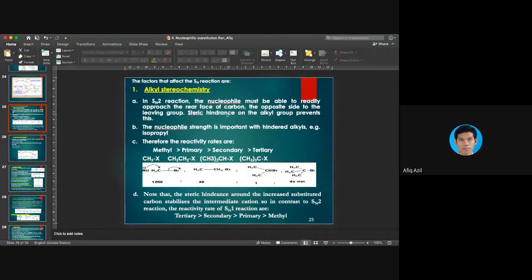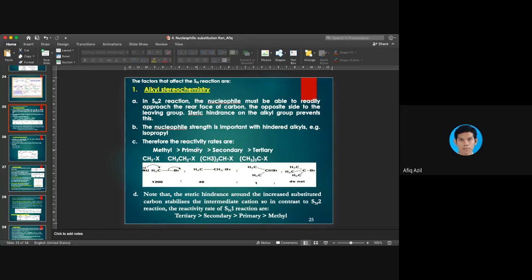First, we look at alkyl stereochemistry. So it can be either tertiary, secondary, primary, or methyl. Methyl is CH3X, which is the simple structure. But normally we'll see either tertiary, secondary, primary. For SN2 reaction, which is a single step, the nucleophile comes in to attack from the backside.